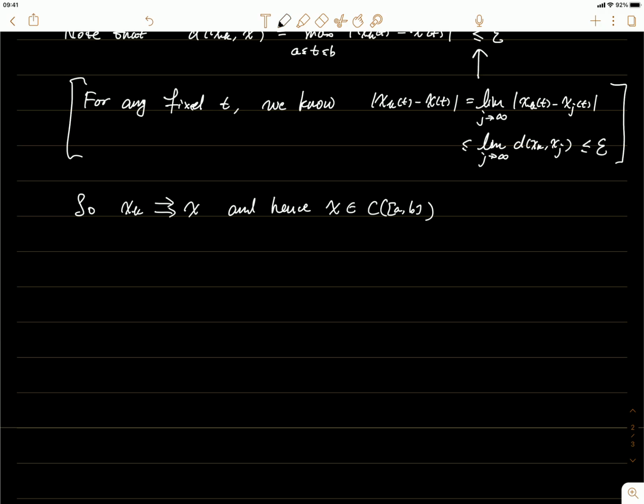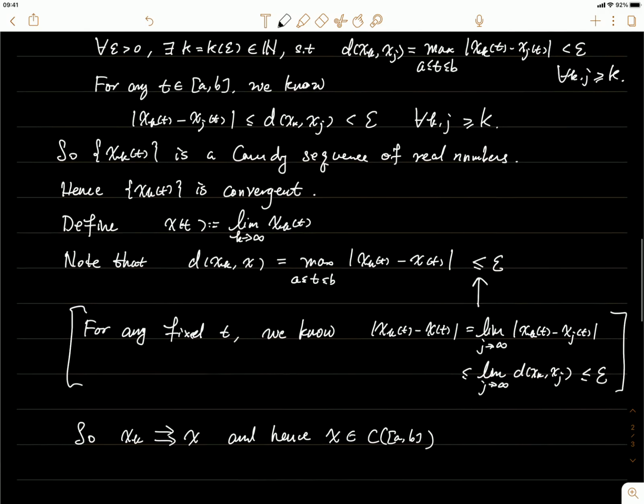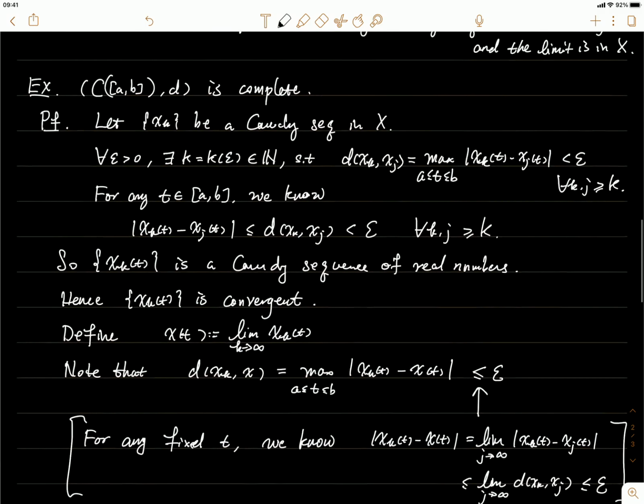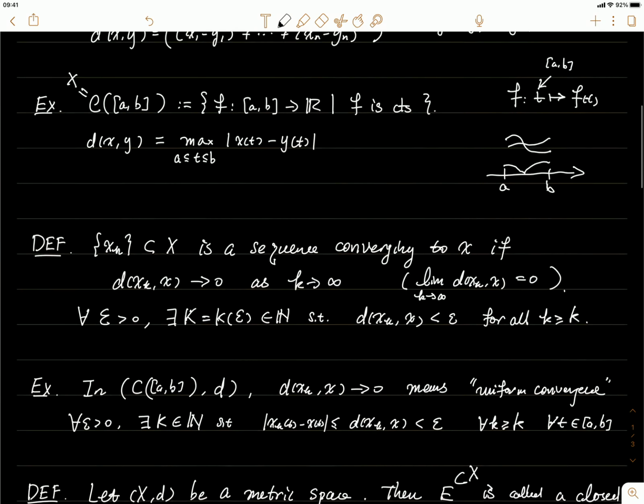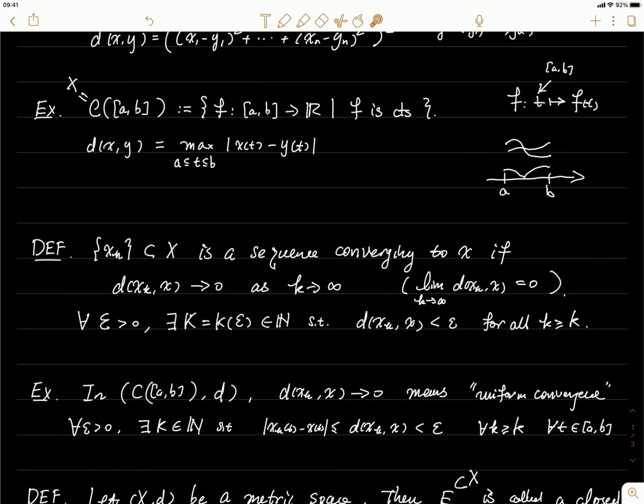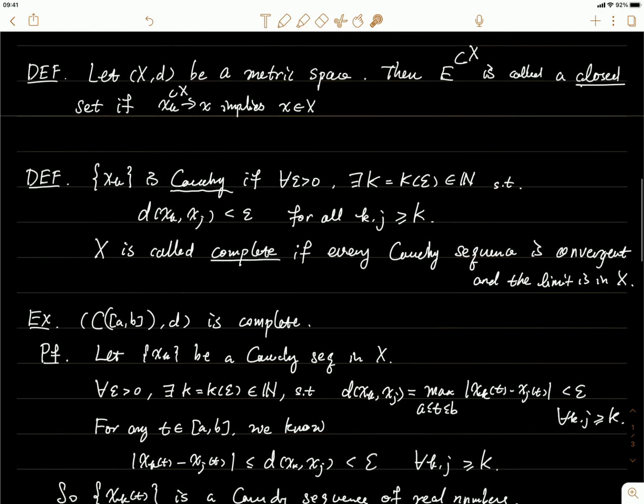Actually, what's important here is to notice that this space is complete because of the way we define this distance or the metric. If we're not using this metric, this space may not be complete. One particular example is that if we define this distance to be the integral of this, then this space is not complete anymore because we just changed the distance.